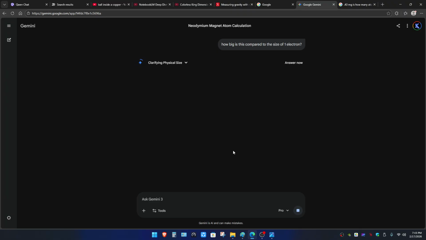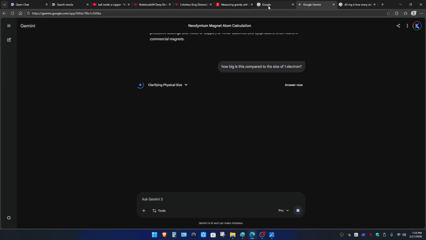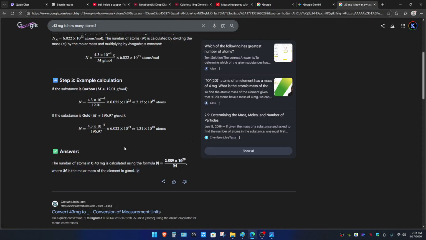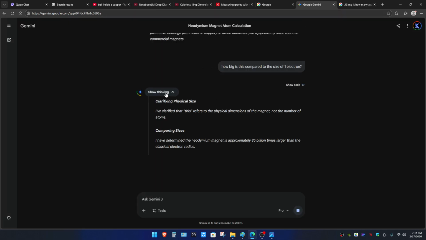What I'm doing is asking the question: we can know how strong one electron is. So if we compare one electron against this 0.43, which basically gives us the idea of 30 attonewton, then how much is it?